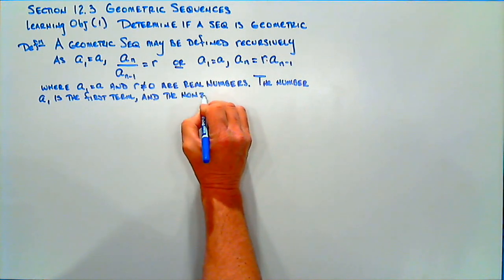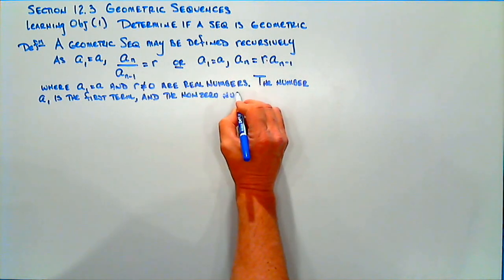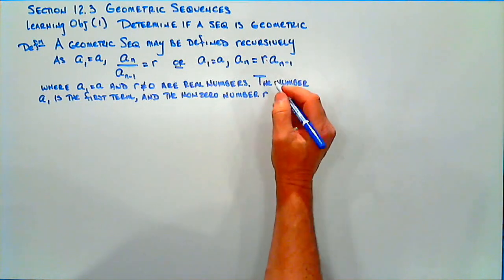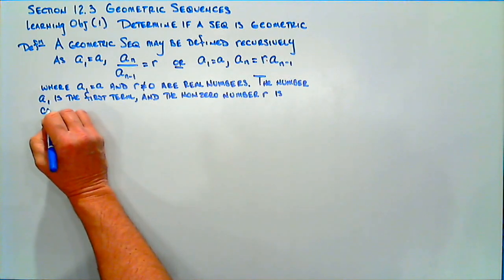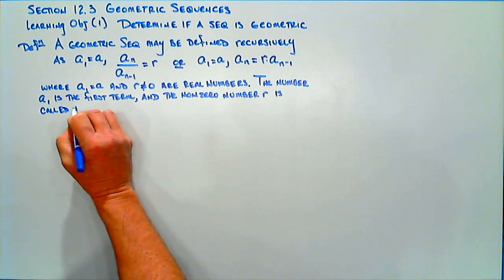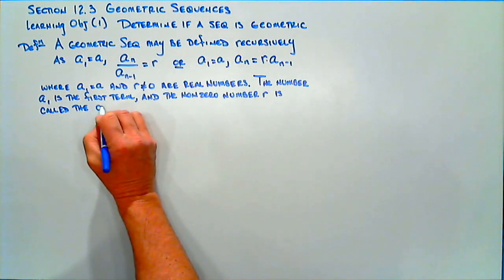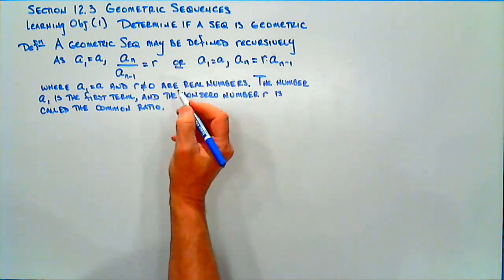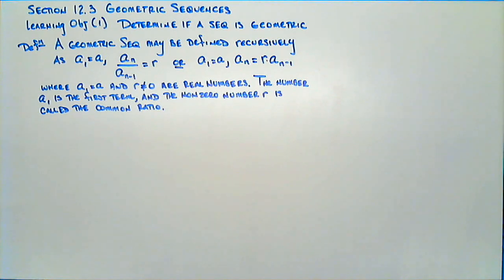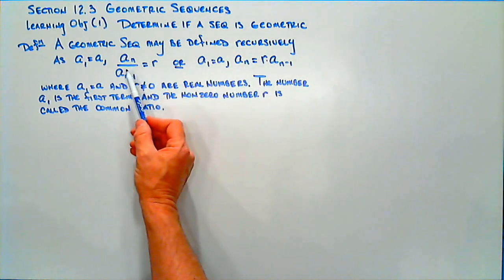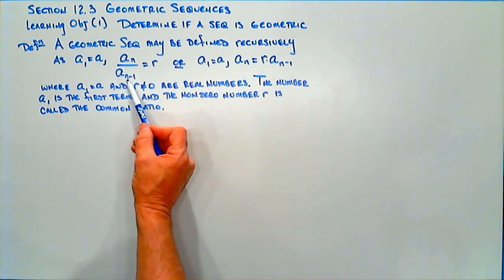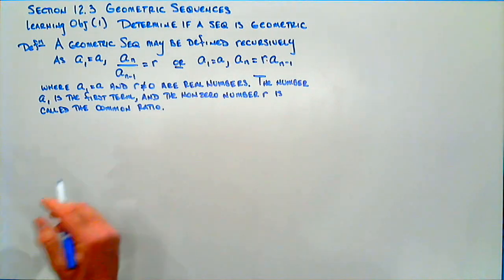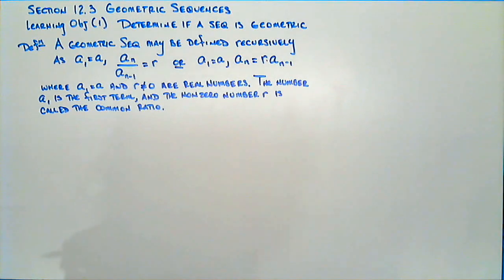The non-zero number R is called the common ratio. For arithmetic, we call D the common difference. Difference because we restated this in terms of a sub n minus a sub n minus 1. But here it's a sub n divided by a sub n minus 1. Hence, we form a ratio, so R is called the common ratio.